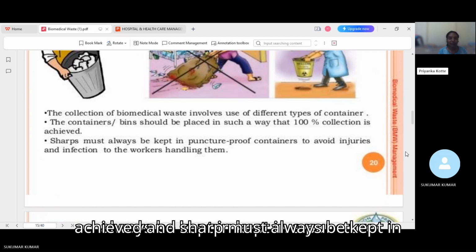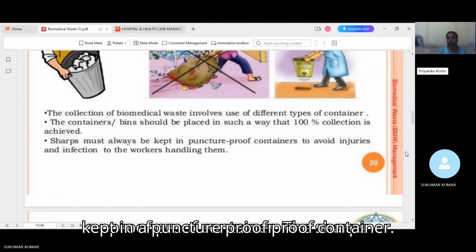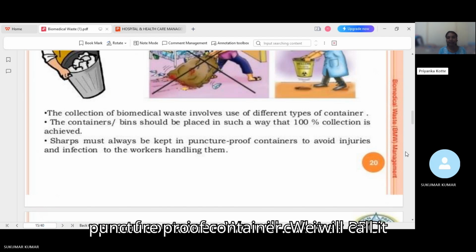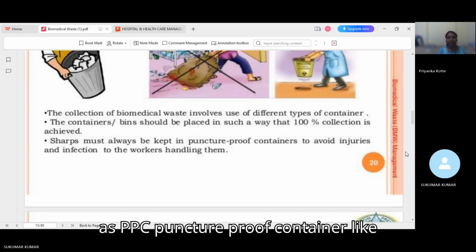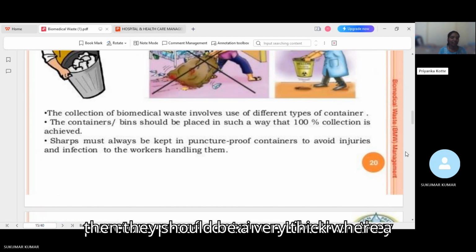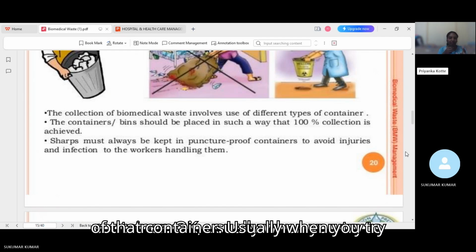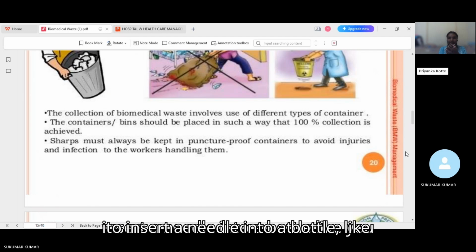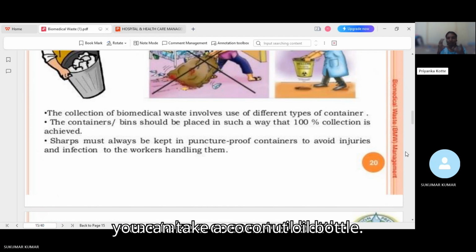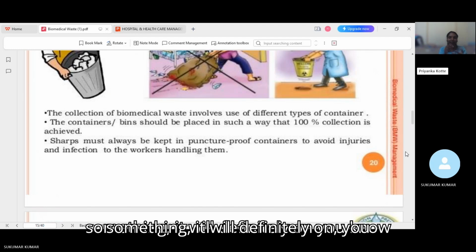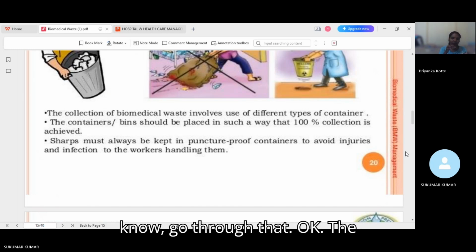And sharps must always be kept in a puncture-proof container. We will call it PPC, puncture-proof container. It should be very thick, where a needle should not puncture and come out of that container. Usually when you try to insert a needle into a bottle, like a coconut oil bottle, when you pierce it, it will definitely go through.